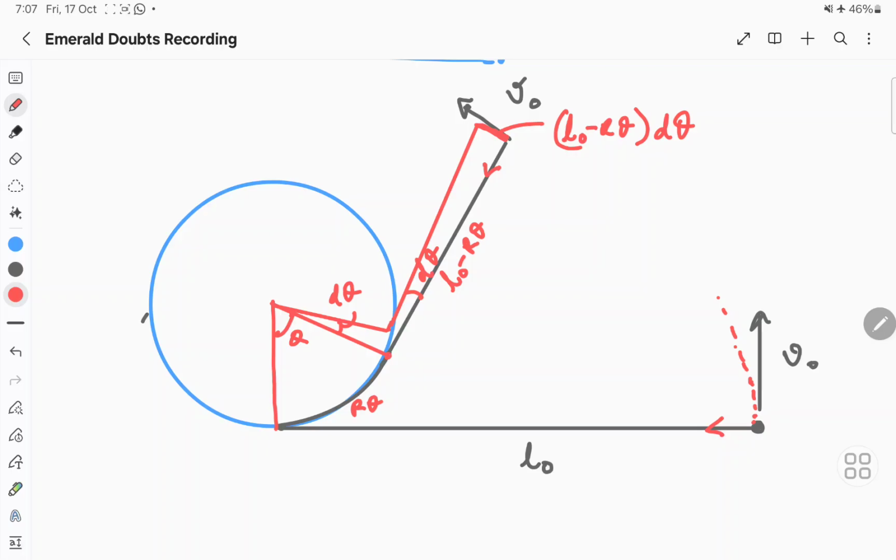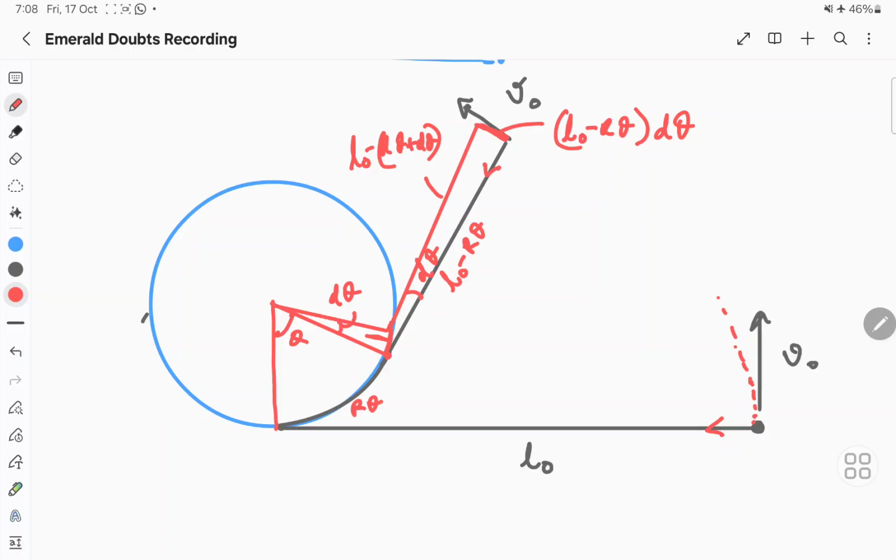Even if you have a closer look into it, you can always say that this length got reduced from L0 minus r theta to L0 minus r theta plus d theta. This length is L0 minus r theta plus d theta, right? But then there is this extra length over here which is r d theta.